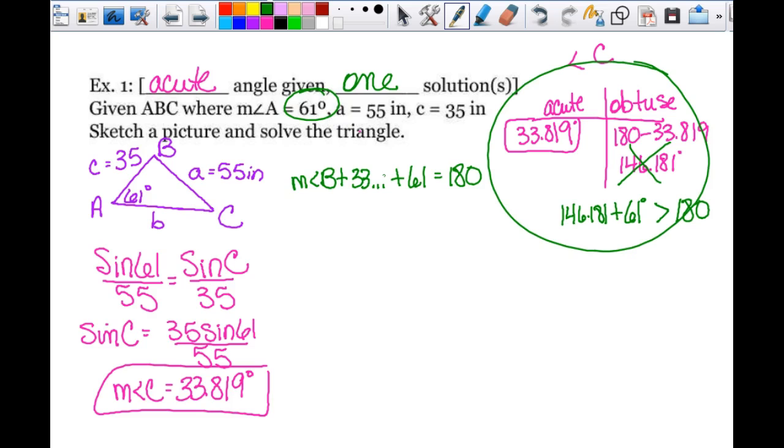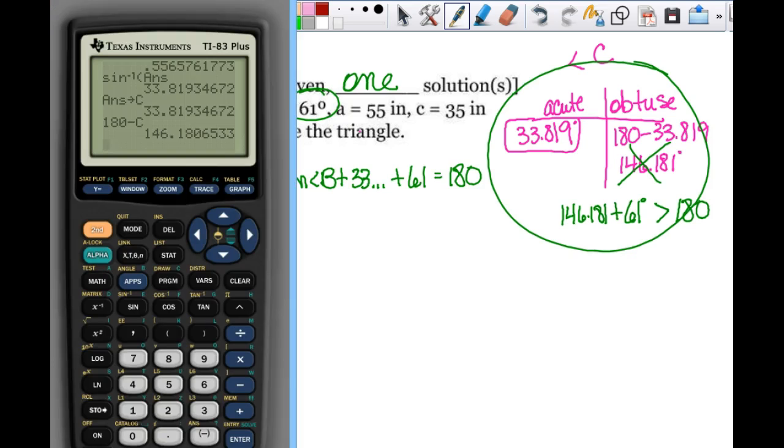Make sure you're using your stored answers all the time. Very important that becomes a habit to you. So this 146 I don't even care about. I'm going to do my angle C, so alpha C plus 61. And then I need to subtract that from 180. So 180 minus that answer. And then there is my angle B.